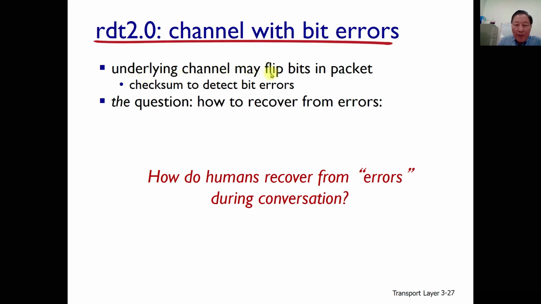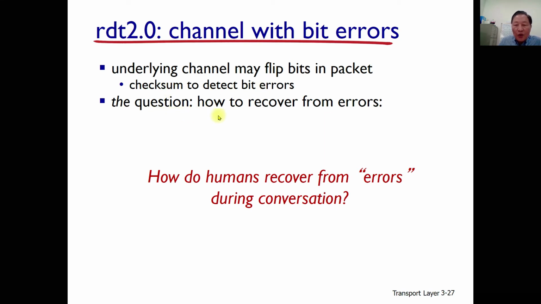The underlying channel may flip bits in a packet. That means 1 may be changed to 0, or 0 may be changed to 1. There may be some corruption. That is called error. Thus, we need to use a checksum to detect bit errors.